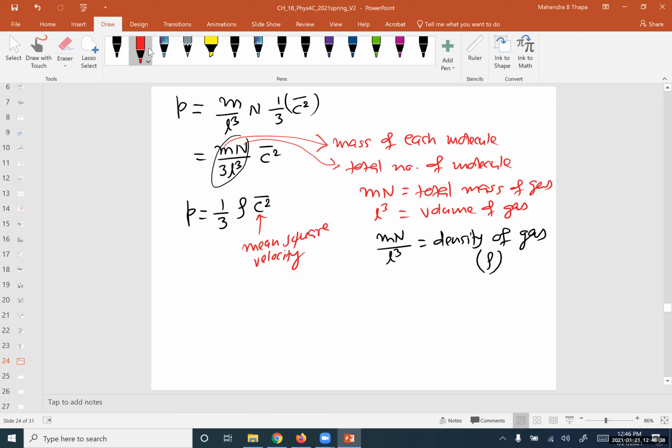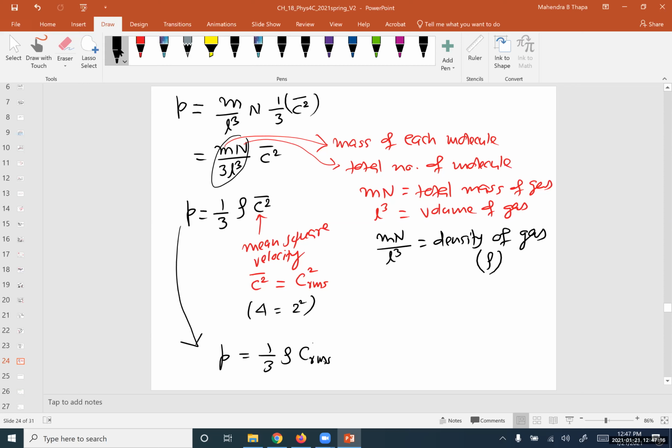This can be written as the root mean square velocity squared. So these are the same thing, same equations. For example, you can say 4 is equal to 2 squared. So 4 is the mean square velocity and 2 is the root mean square velocity. Now we can write this equation as P equals 1 over 3 rho times the root mean square velocity squared.